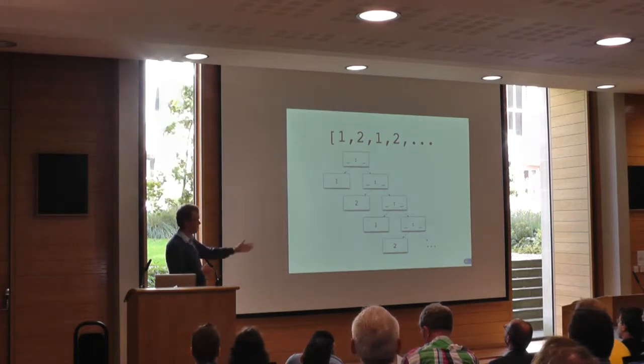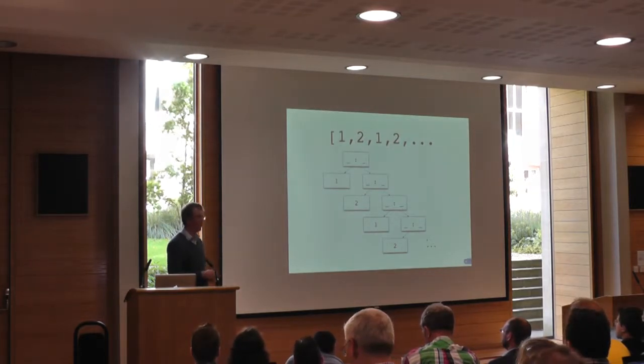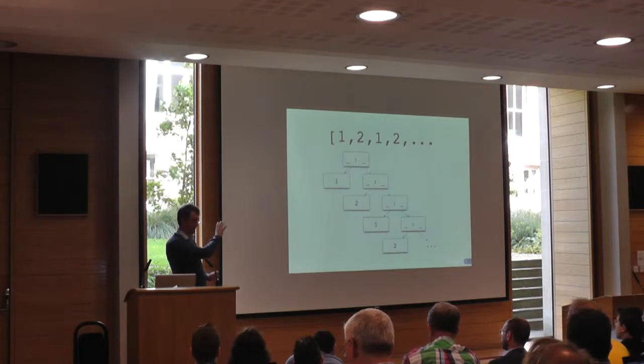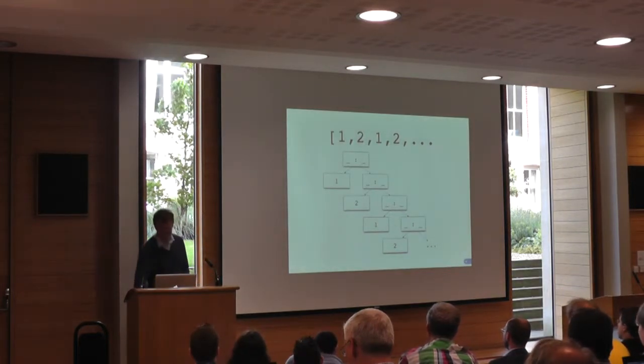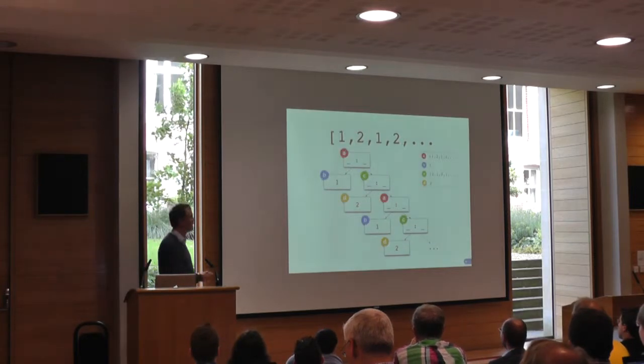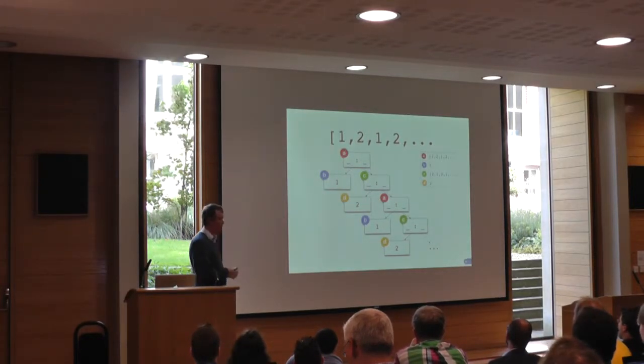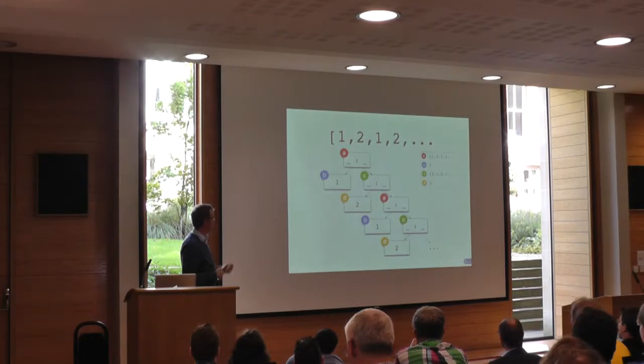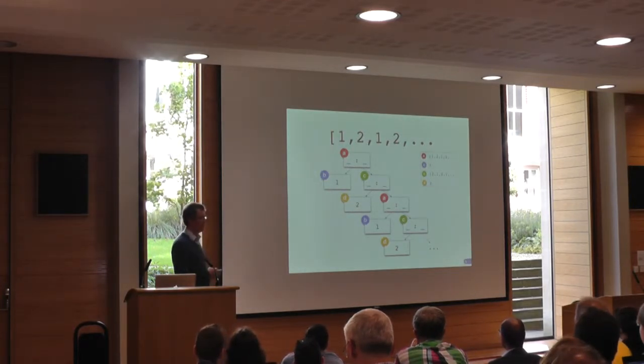Okay, so it's an infinitely sized term, but there are only a finite number of distinct subterms in this infinite stream. Can you see them? There are actually 4 distinct subterms. The trivial ones are the numbers 1 and 2 that occur an infinite number of times. We also have 2 infinite streams here that are subterms of the overall infinite stream.